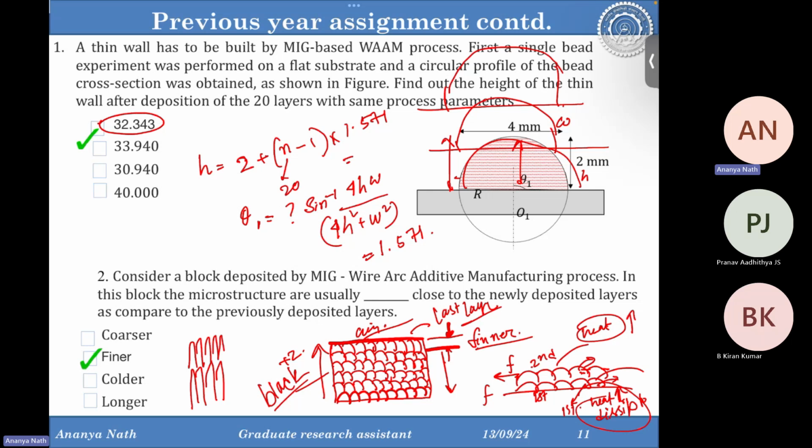And if you see, the last layer has finer grains. So that is why the answer is finer. And this is applicable to any metal additive manufacturing process, whether it's LPBF, E-beam PBF, laser DED, wire DED, powder DED, EBAM, anything.